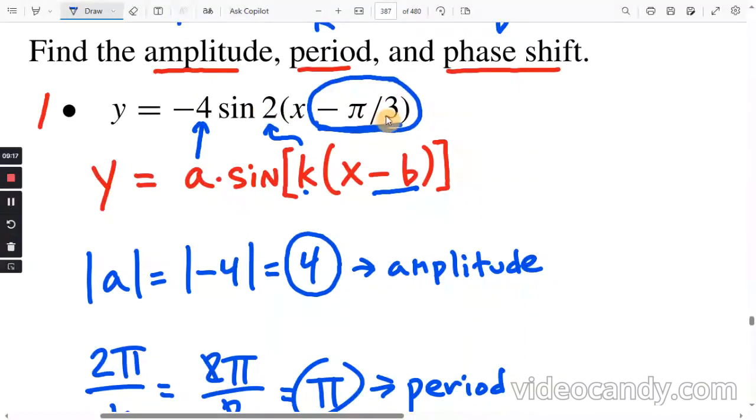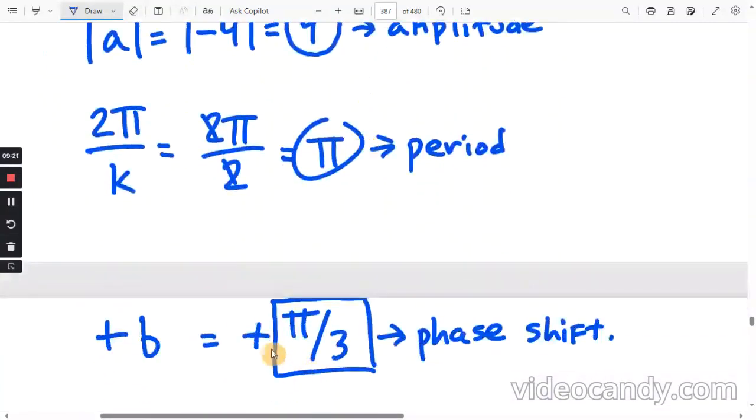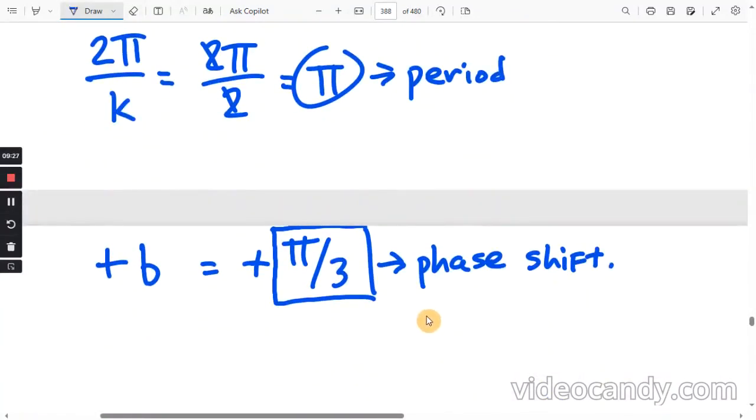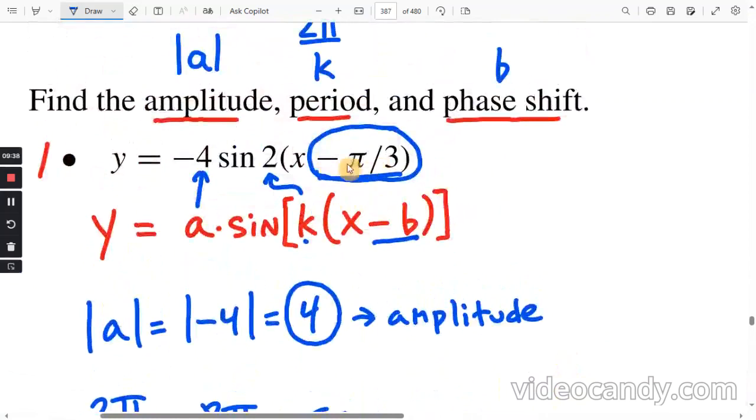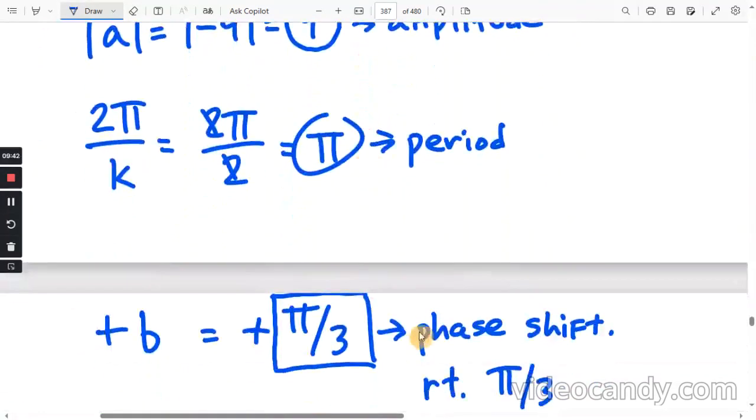So negative pi over 3 in the parentheses means that the phase shift is positive pi over 3. Put another way, that means the function shifts right by pi over 3 units. Remember, when it's minus, that means it shifts to the right horizontally. So the phase shift is positive pi over 3.